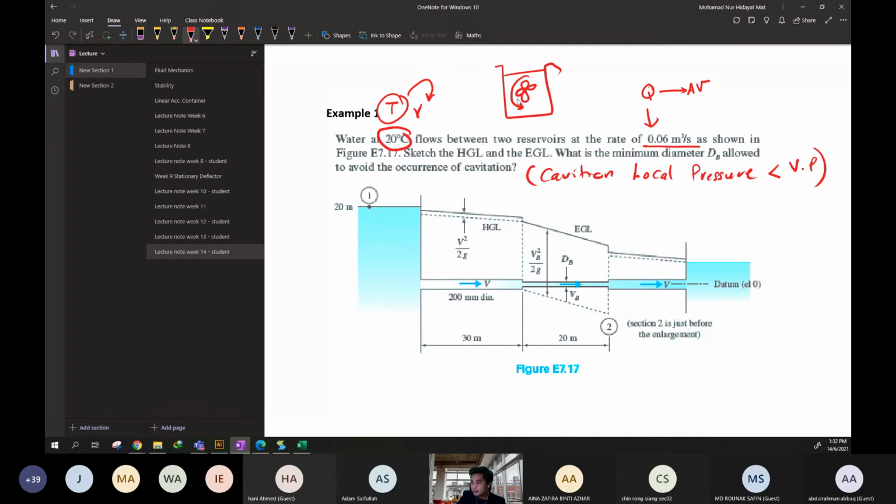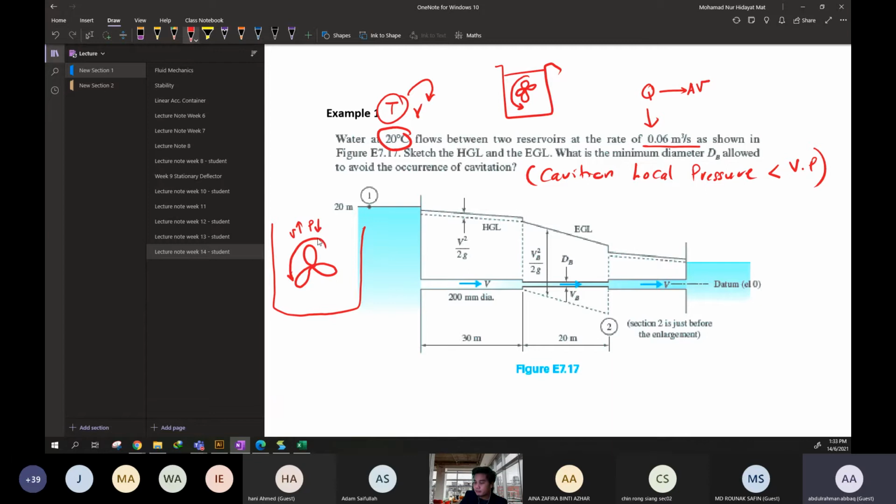When this turbine tries to move at a certain speed, for example, this is the turbine blade inside the water, this turbine tries to move at high velocity. What do you think of the pressure? High velocity will give you high or low pressure? Low pressure. Okay, low pressure based on Bernoulli.